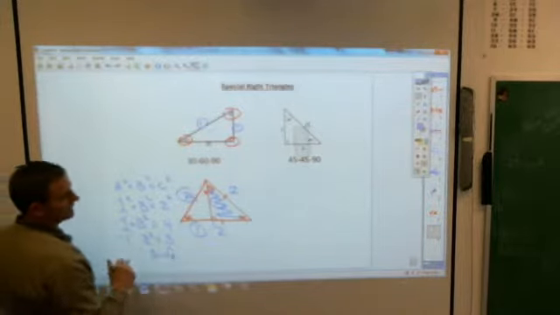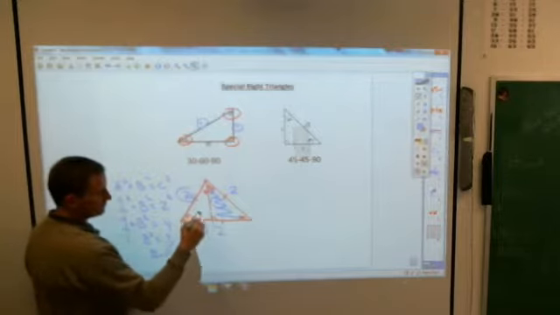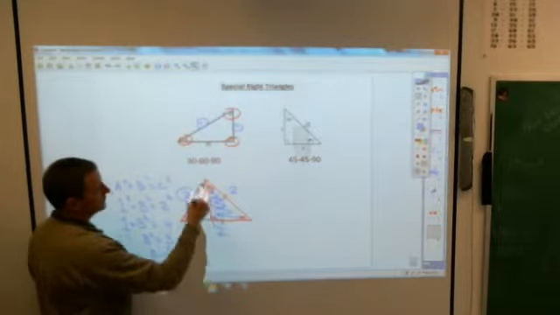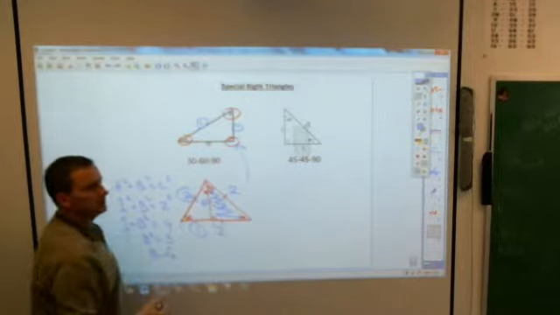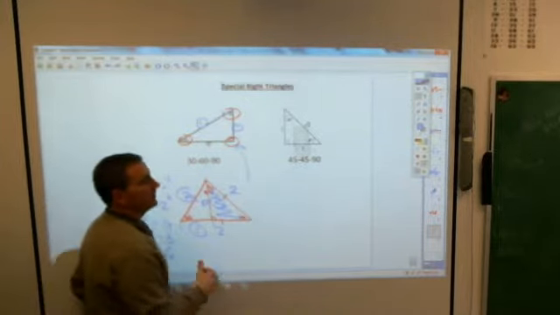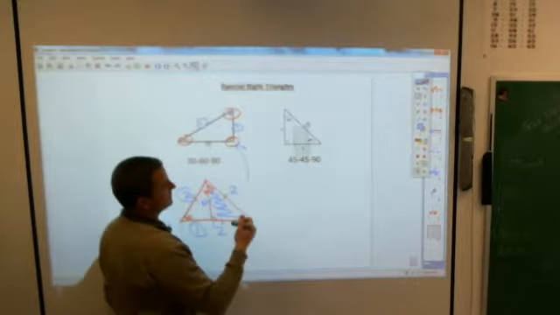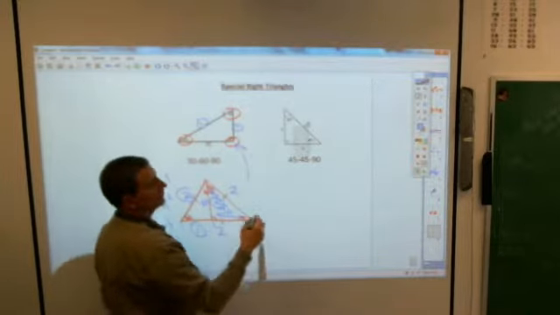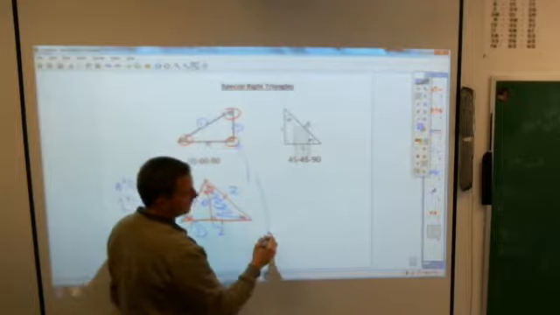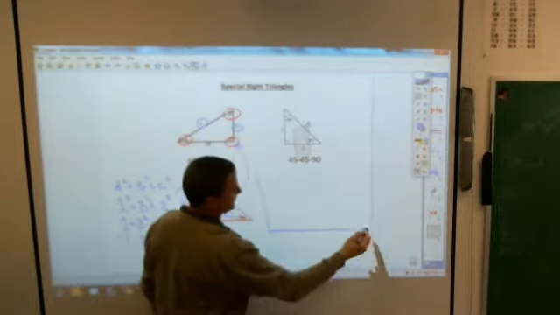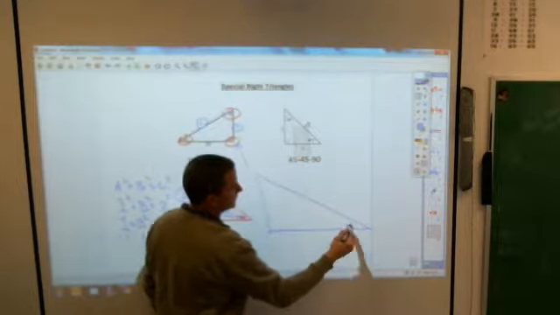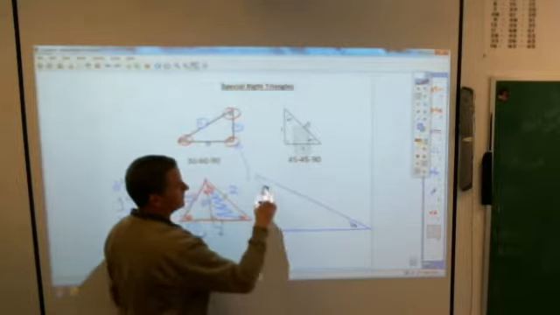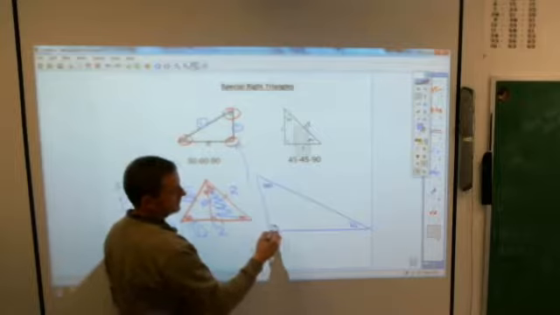Now, it doesn't matter if you understand how this all comes about. What you have to understand is this. This is the square root of 3 right here. This is your base triangle. It is the small triangle. If we have a big 30, 60, 90 triangle, I know this is 30, I know this is 60, I know this is 90 degrees.